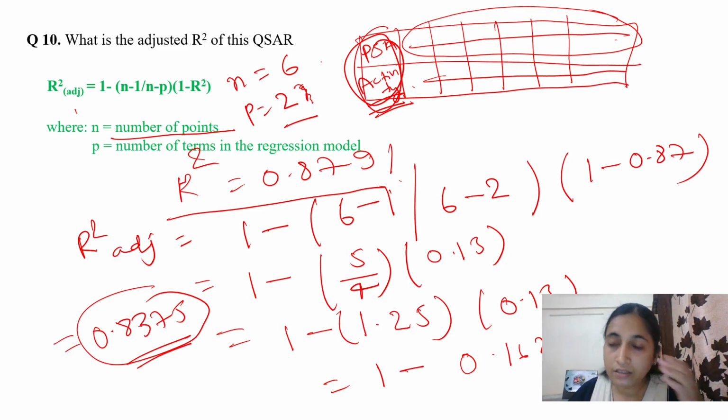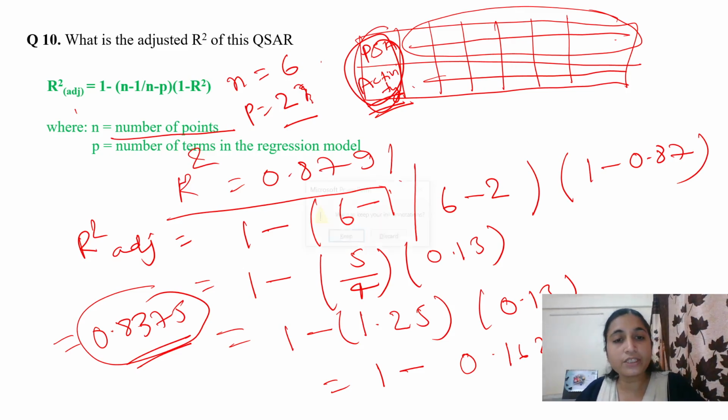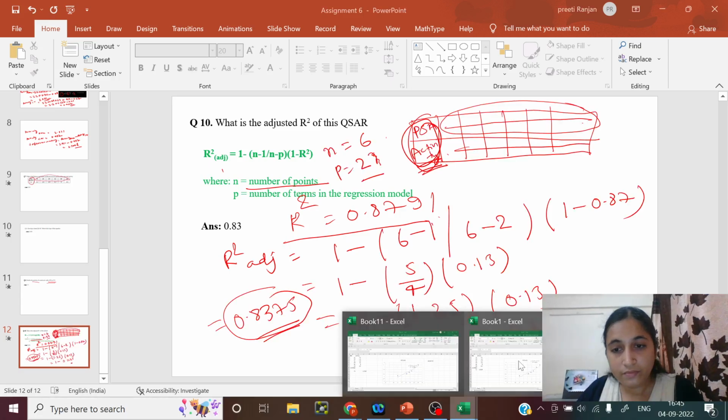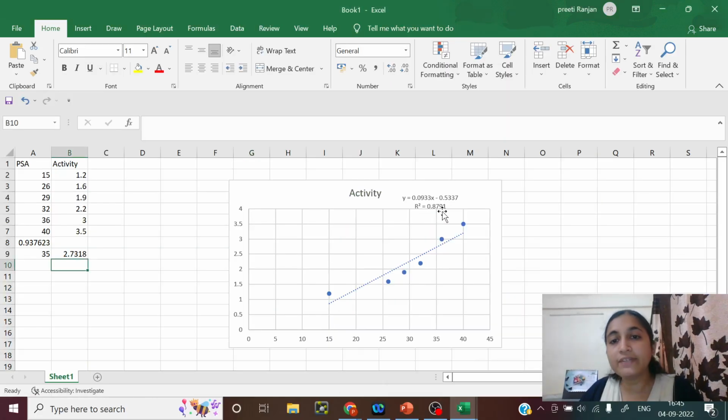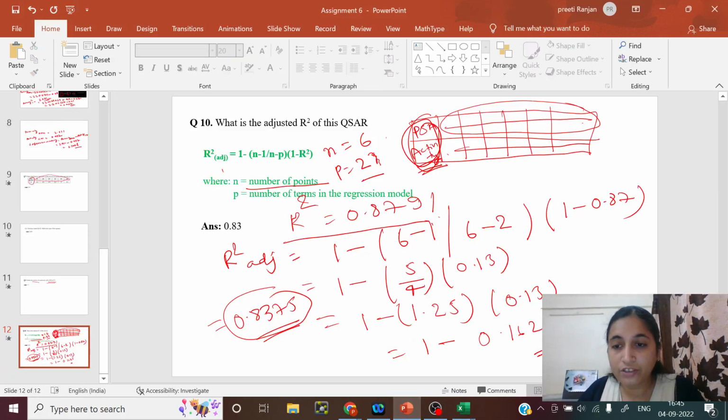Still? This R square is from this graph. From this graph, this R square is given as 0.8791.